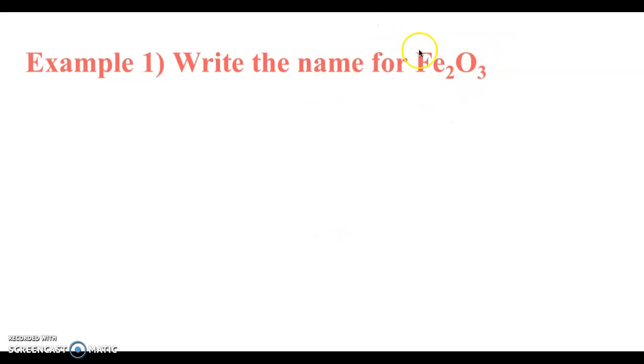We undo that process. We know that oxygen will have a -2 charge as the anion, and iron must have a +3 charge, which would make this iron, Roman numeral 3 for the charge, oxide.